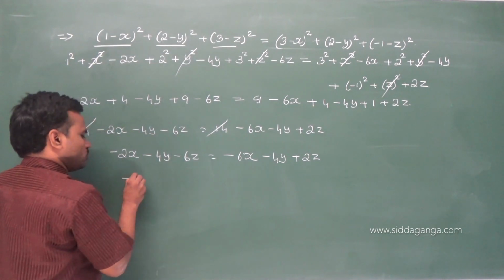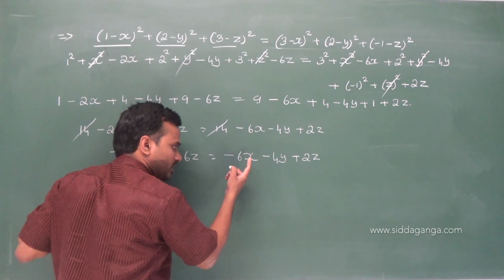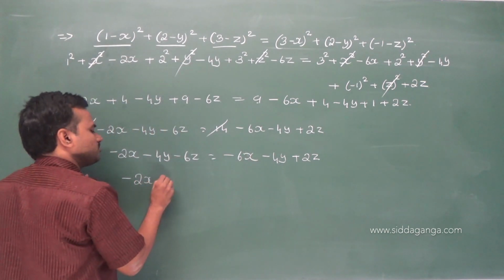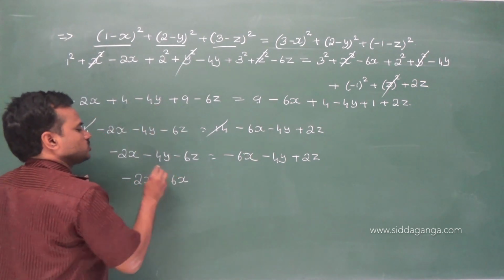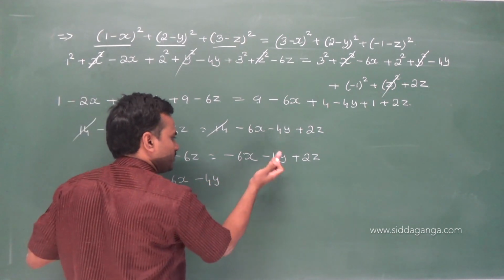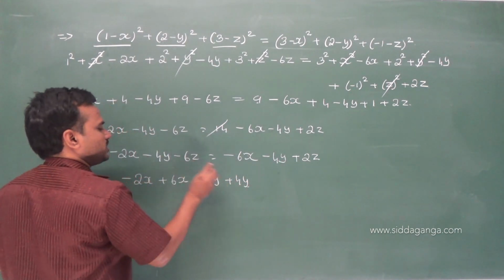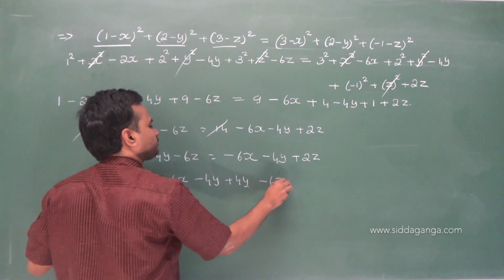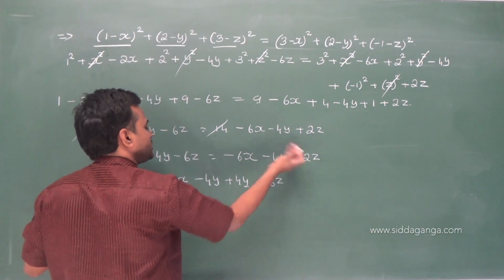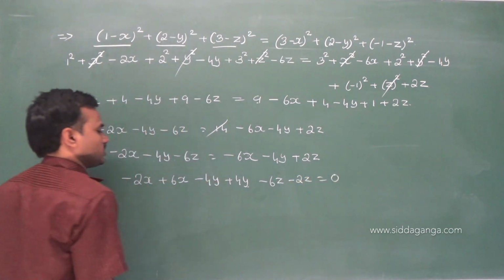So minus 2x, I shift minus 6x from right side to left side, it becomes plus 6x. Correct now? So then minus 4y, I shift minus 4y from right side to left side, it becomes plus 4y. Yes, then minus 6z, plus 2z from right side to left side, it becomes minus 2z, is equal to 0.